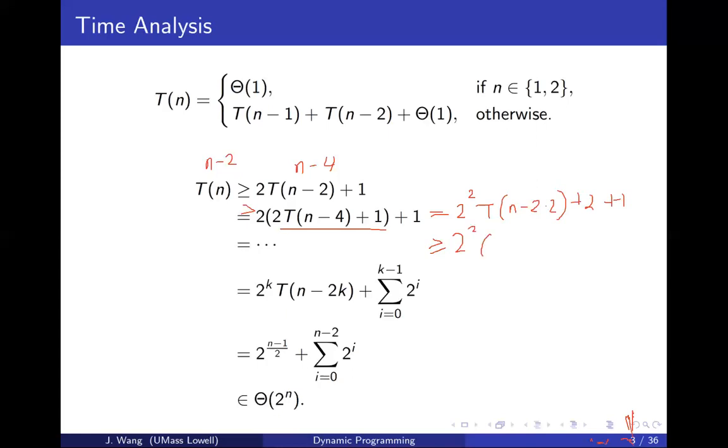And then T of n minus 2 times 2 would be equal to T of n minus 2 times 2 minus 2.